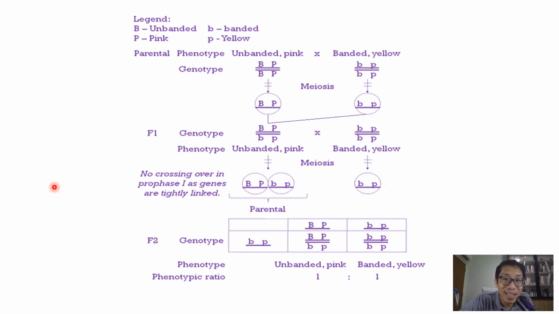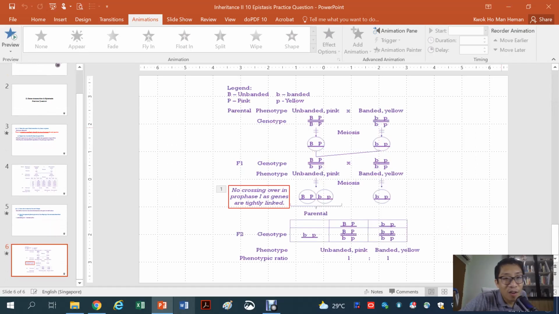Tightly linked, so therefore, there is no crossing over between gene B and gene P. So you see there's only the parental gametes and no recombinants. And so therefore only 2 phenotypes instead of 4, only the parental phenotypes, no recombinant. So therefore it's 1 unbanded pink with 1 banded yellow, which are the parental phenotypes. Okay, so that would be the end of epistasis.